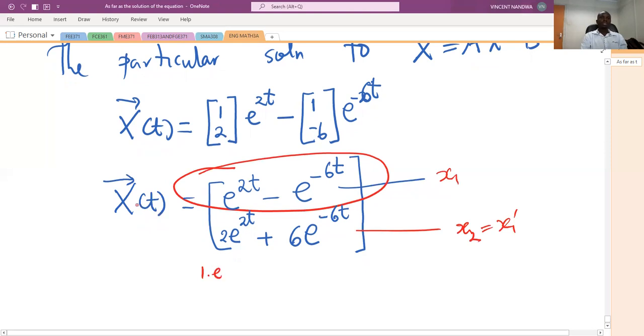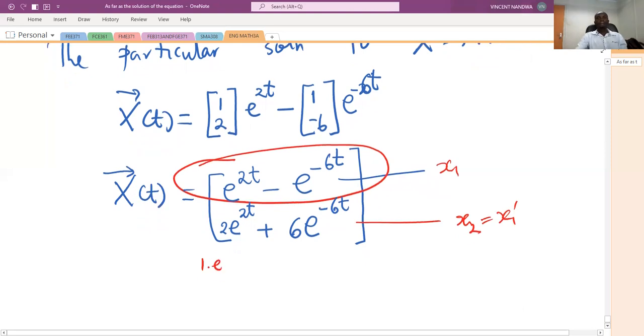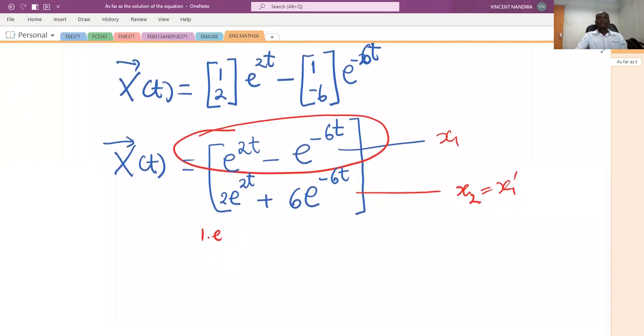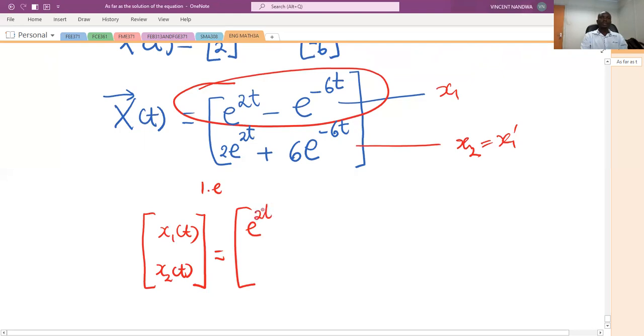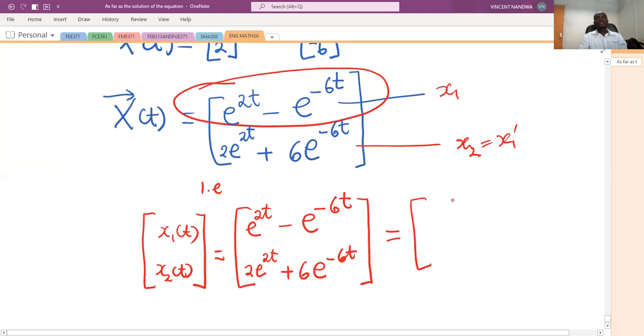Actually, this capital X of t means x1 of t, x2 of t, which will be e raised to the power 2t minus e raised to the power minus 6t, 2 e raised to the power 2t plus 6 e raised to the power minus 6t. And you see that this was the x of t value, and this is the derivative.